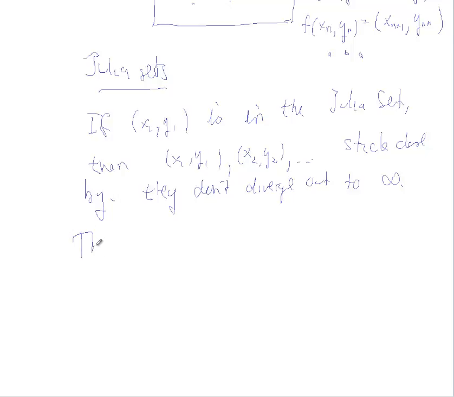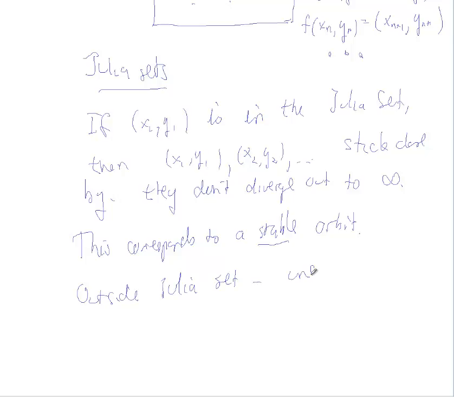So I can say that this corresponds to a stable orbit. And so outside the Julia set, that would be unstable. So you can see why Julia sets would be very important in the study of dynamical systems.